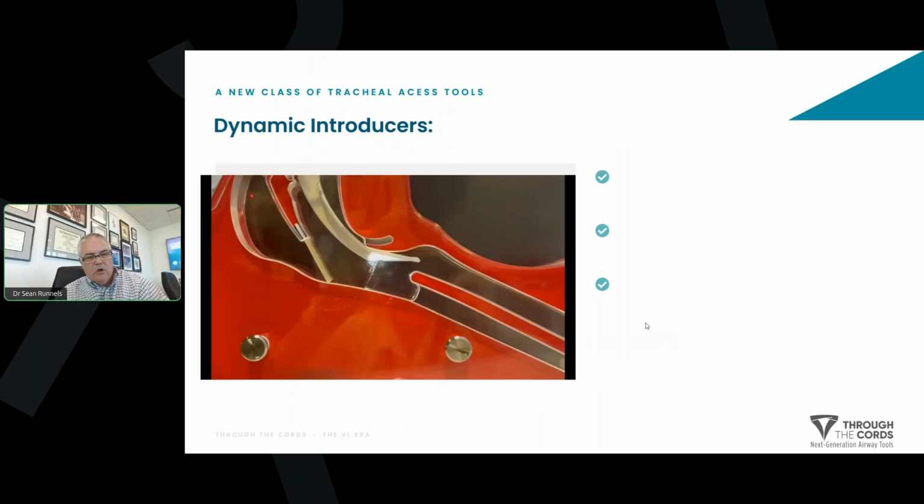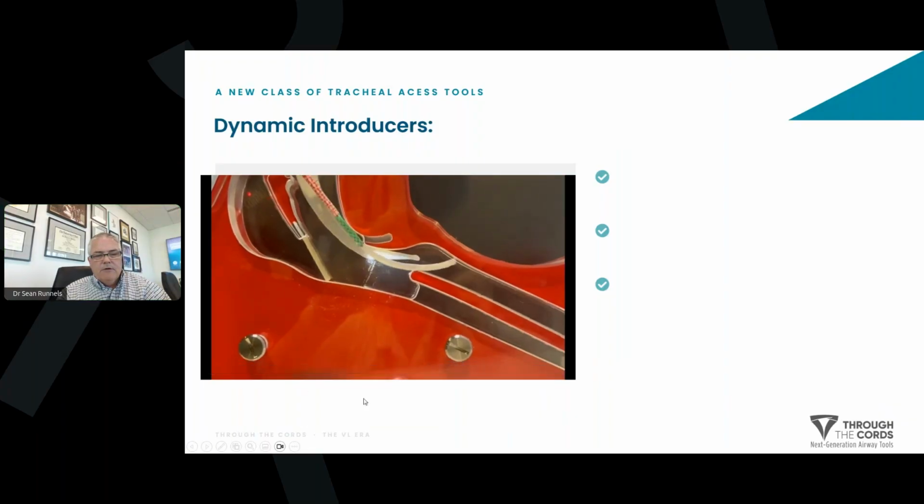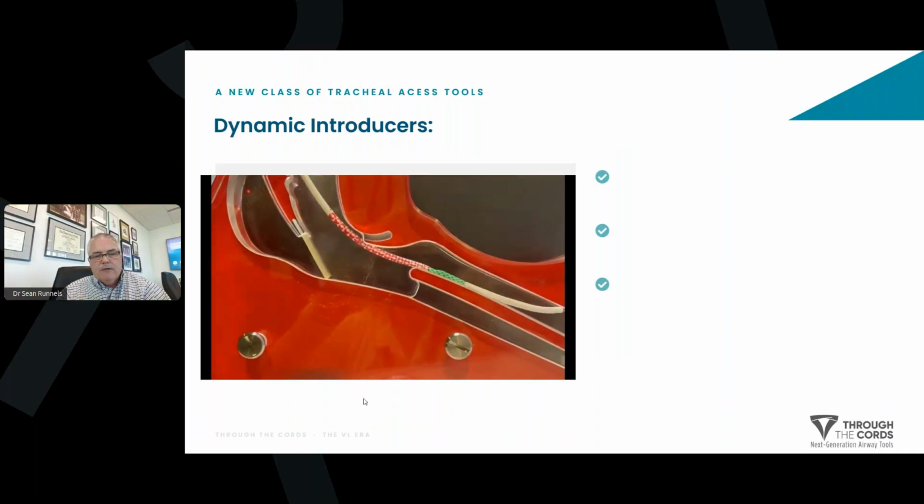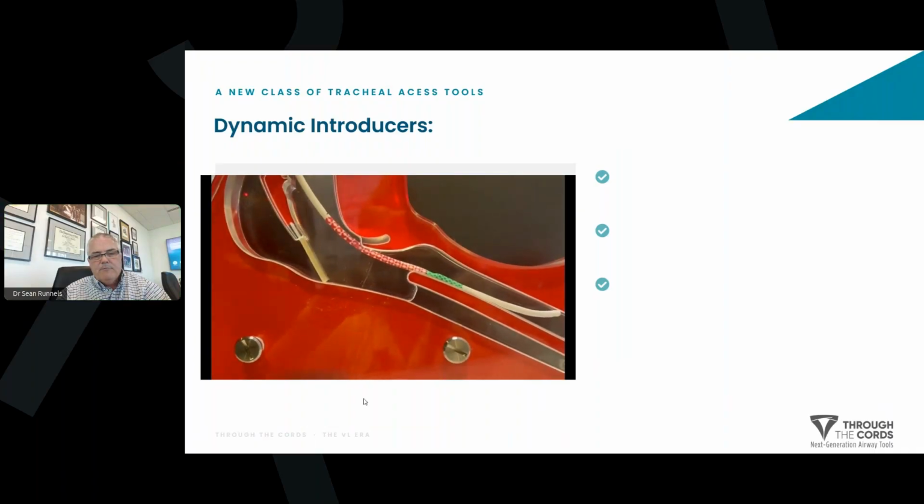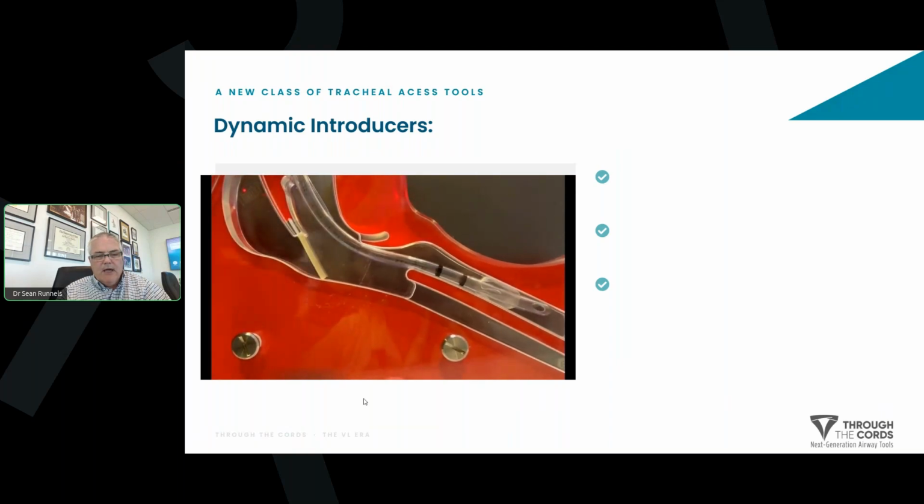So what does that look like? This is a cutaway, and you can see the serpentine nature. This is what we're working with, and I'm going to play this video and talk a little bit as we do. You can see the snake's head goes up and down, really no force necessary or very little, and then the tube follows, and the catheter actually carries the force and reshapes the endotracheal tube.